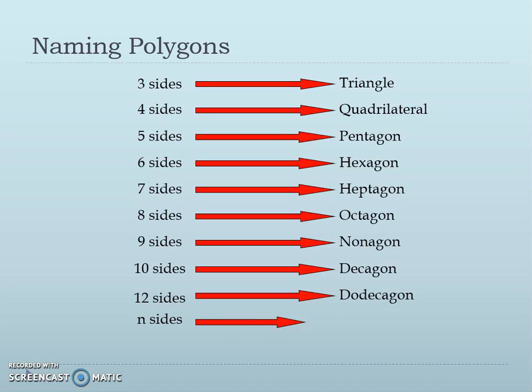And anything after 12, we're going to say 13-gon, 14-gon, 15-gon, 20-gon. We don't have names after 12. We don't have a name for 11 sides. That's just 11-gon.